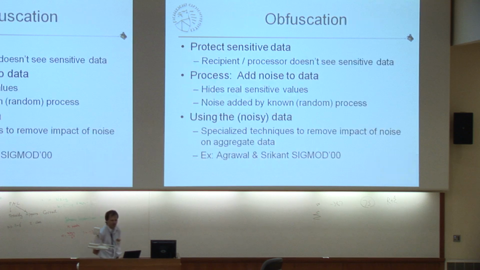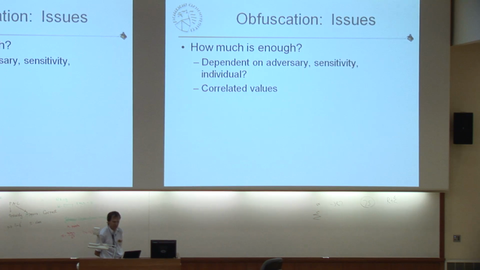Okay, so, oops, that wasn't quite as far ahead as I wanted to skip to. So some of the issues with obfuscation or randomization: how much is enough? It's dependent on the adversary, the sensitivity of the data, the individual. What about correlated values? It turns out that if I randomize two different values, it's very easy to break that randomization and determine the original values for both.